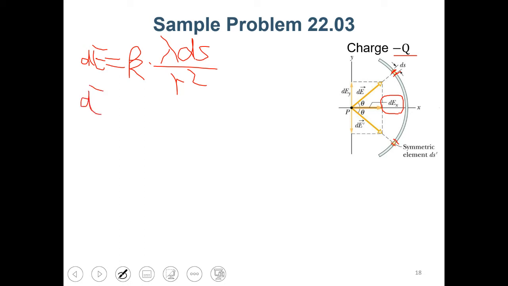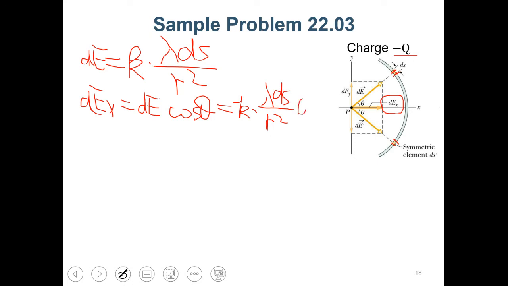And dEx should be dE times cosine theta, which is k times lambda ds over r squared times cosine theta.